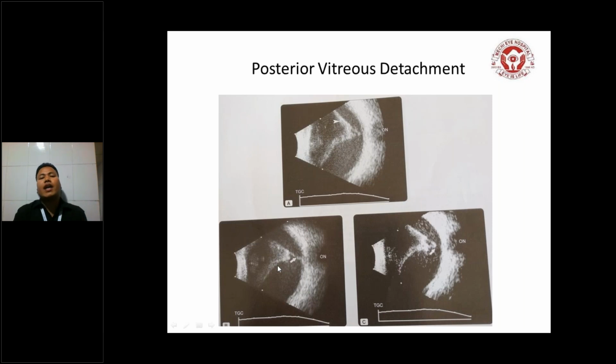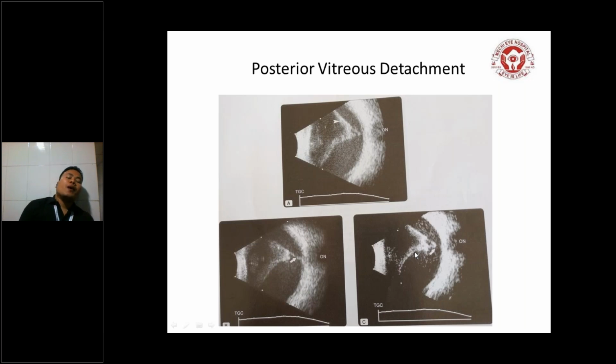Here the thickness is slightly less than the upper one, and in the third one you can see there is no disc attachment. So in PPD the funnel-shaped structure may or may not attach with the disc, and its thickness is variable in different probe positions, and while doing kinetic scans, there is free after-movement.